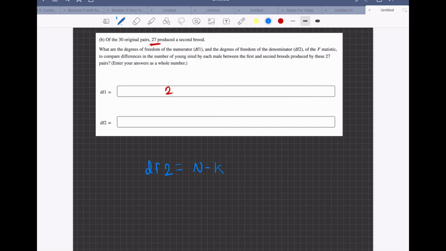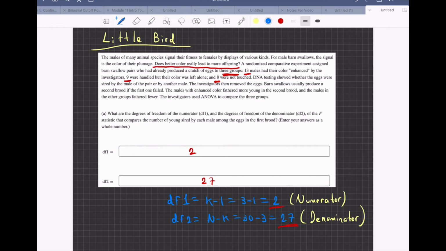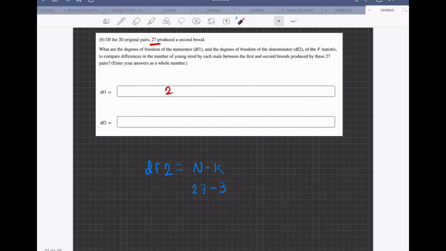In this case, we have 27 minus 3, yeah, because we had 3 categories. So 27 minus 3 is going to be 24. So in this case, this changed to 24.